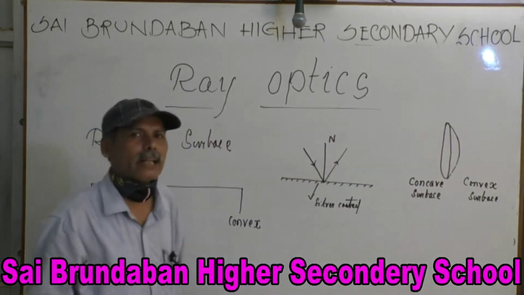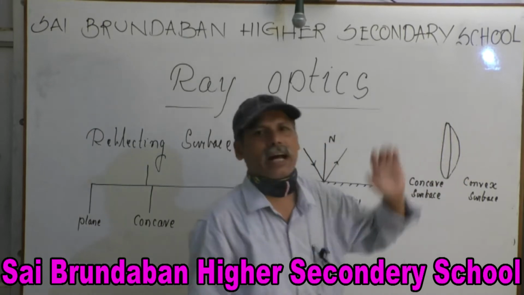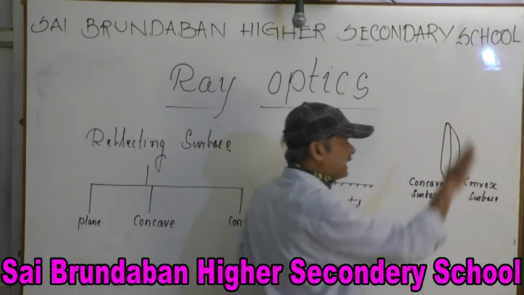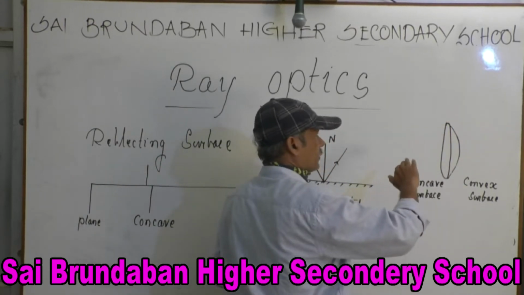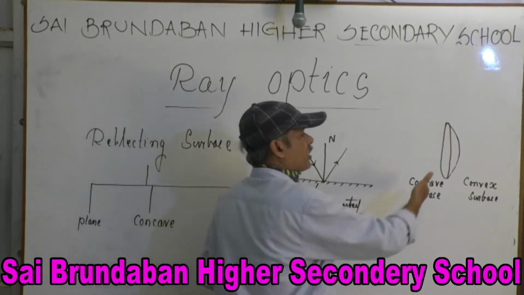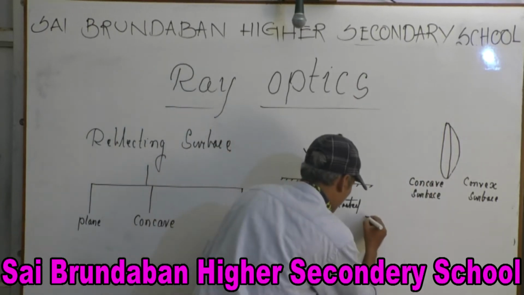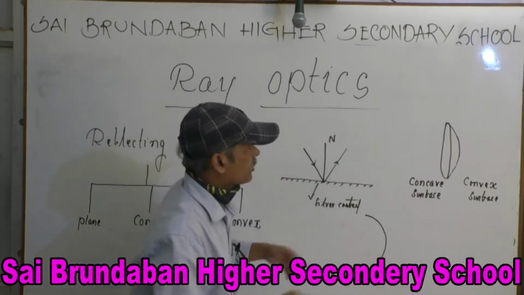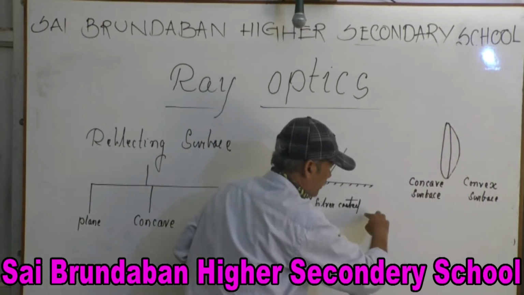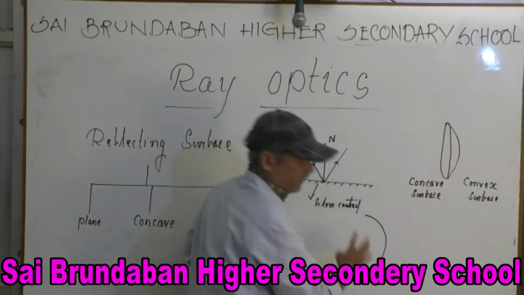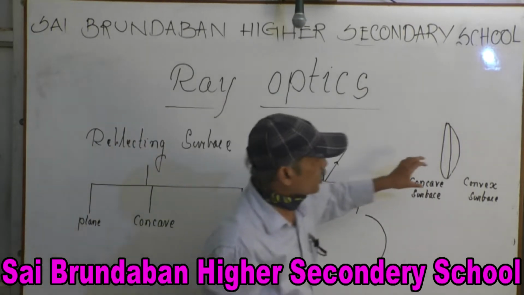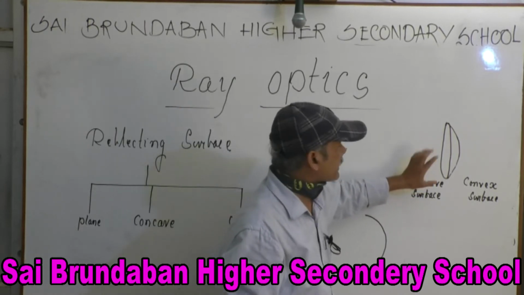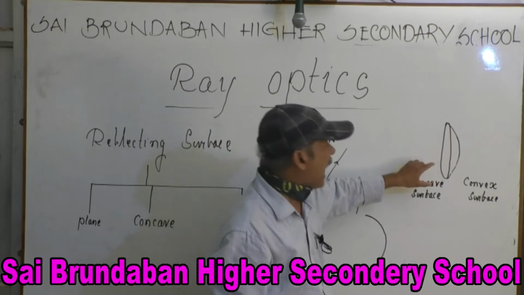Okay. Now of the two sides we have to make one the reflecting surface. So let's say the reflecting surface is the concave surface. You just draw the outline. Don't draw its outer edge.